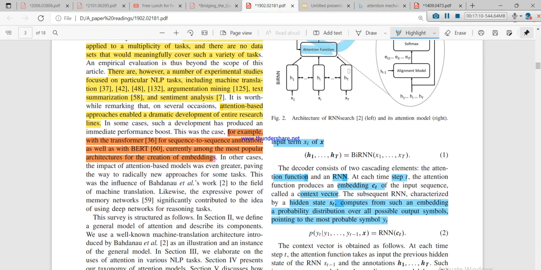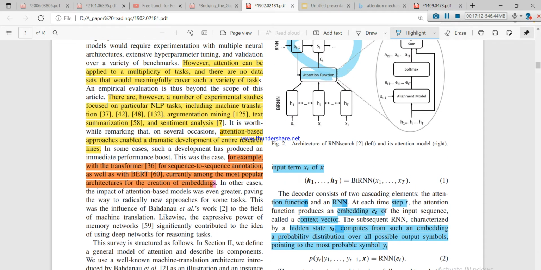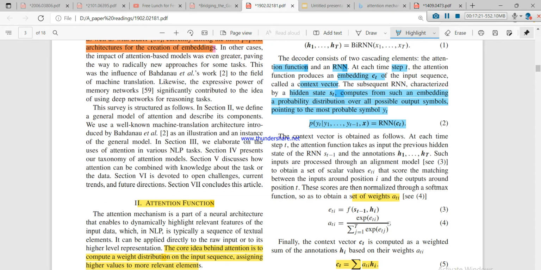For this they are using prior probability. The formula is p of yt given y1 to yt minus 1, the sequence prior to the event happening at time t, and it takes that along with the context vector.